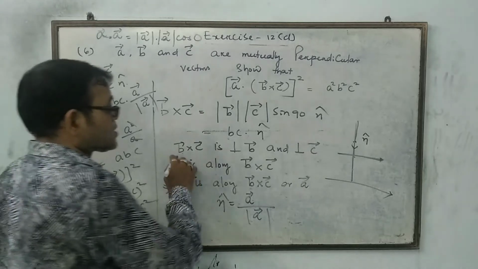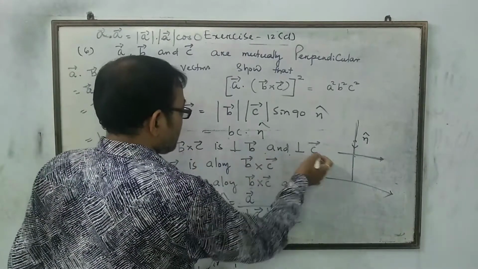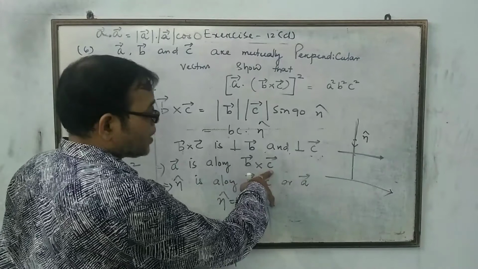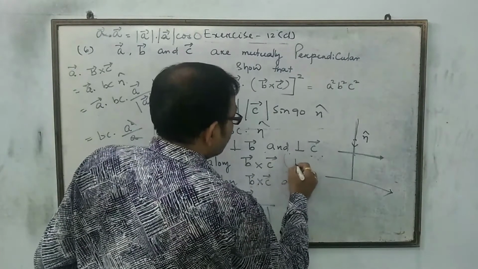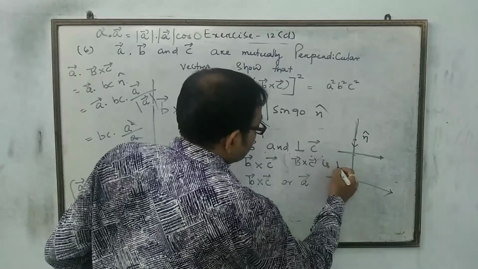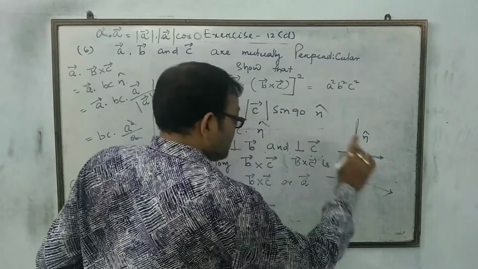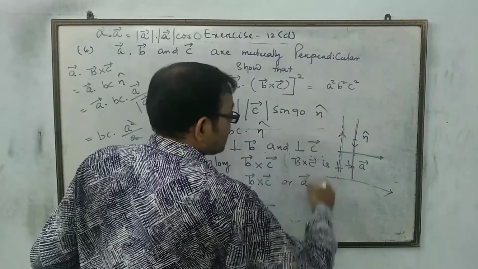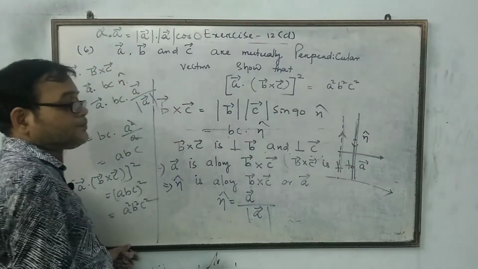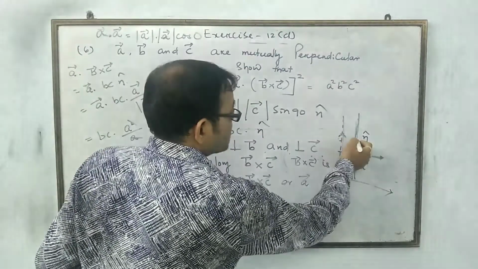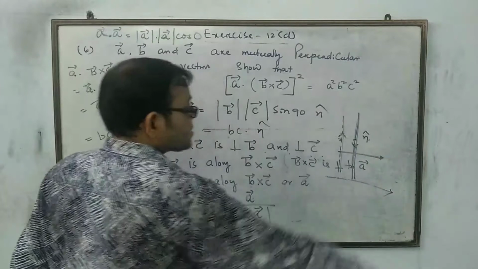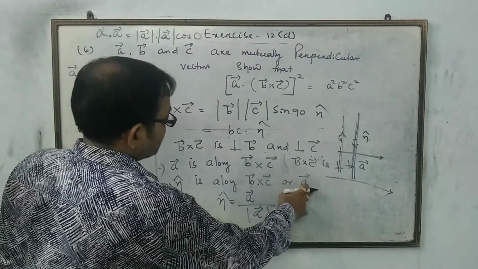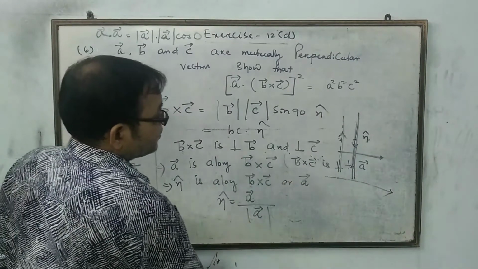Here, the only concept to be remembered is that B cross C is perpendicular to B and perpendicular to C. So I can say that vector A is along B cross C, or I can say B cross C is parallel to vector A. If these two vectors are parallel, then the unit vector which is along B cross C, n cap, is equal to vector A by magnitude of vector A, and then we will get the answer.